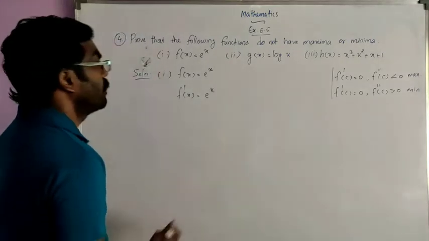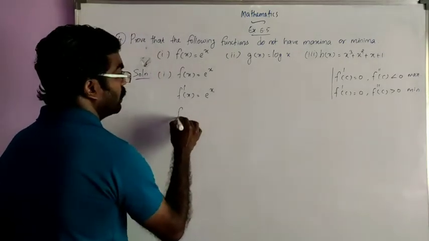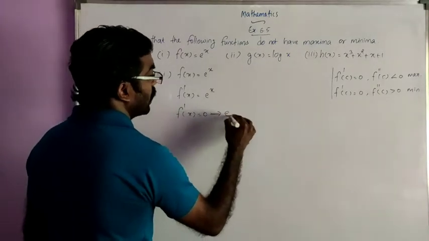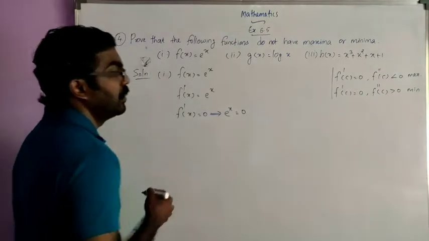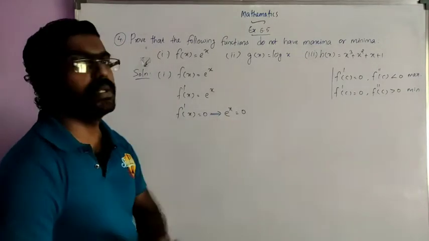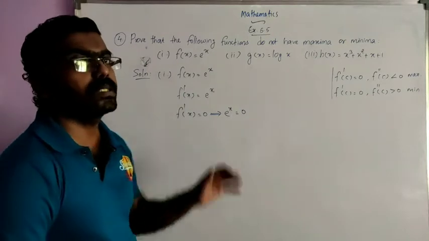Okay, so here we can find the critical point c. So f dash of x equal to 0 implies e raised to x equal to 0, but there is no real number x for which e raised to x is equal to 0. So this is not possible.